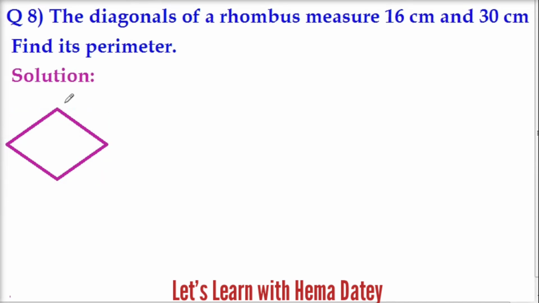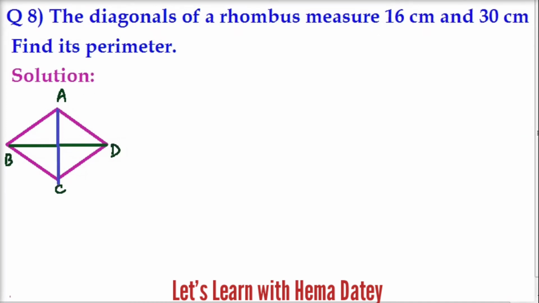Let's give names to the vertices of this rhombus: A, B, C and D. Let's draw the first diagonal of this rhombus, BD. Let's draw its second diagonal, AC.